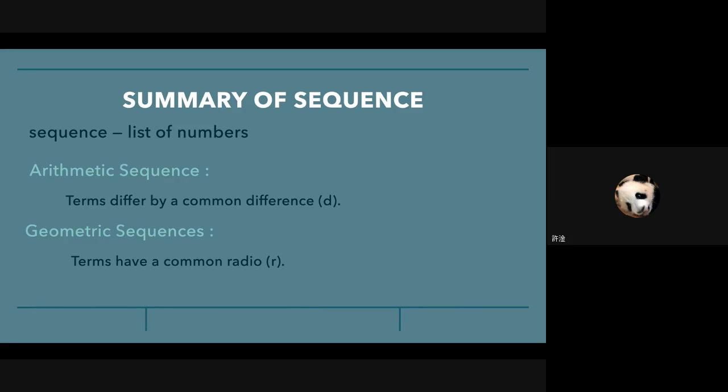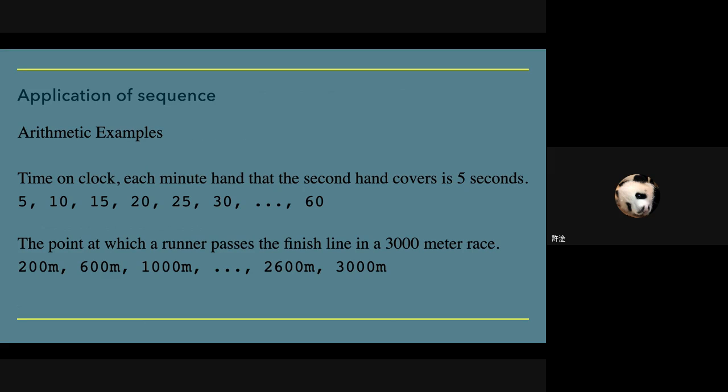Then I will show you some applications of sequences in our real world. For arithmetic examples: time on a clock, where the second hand covers 5, 10, 15, 20, 25, and so on up to 60.